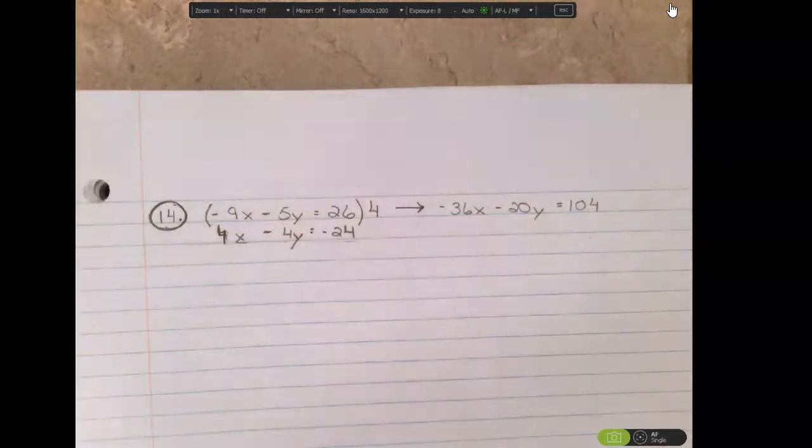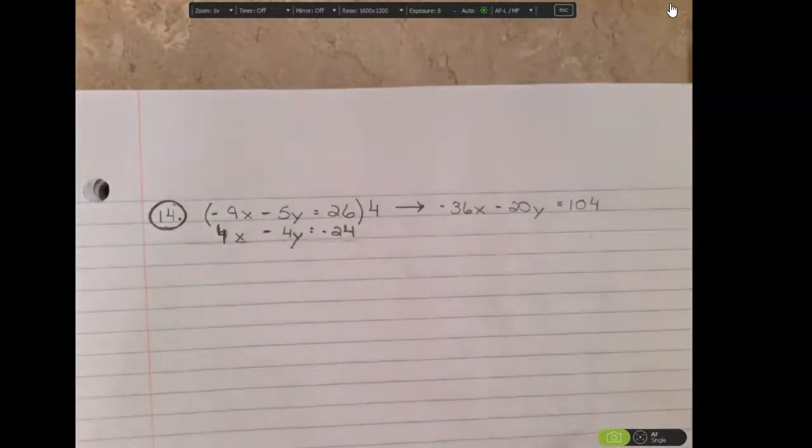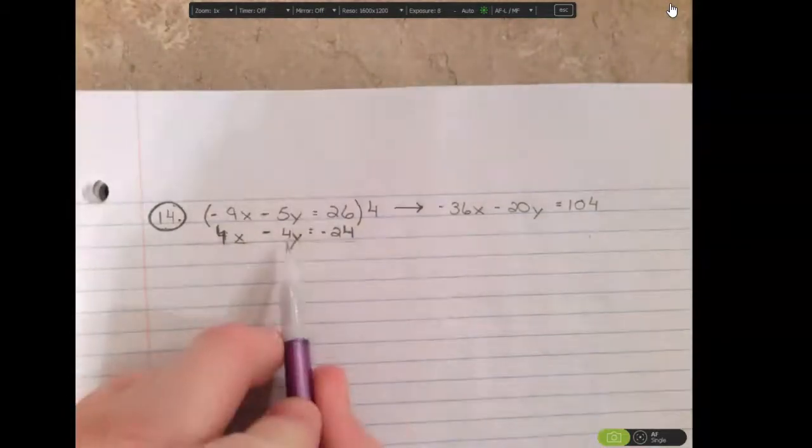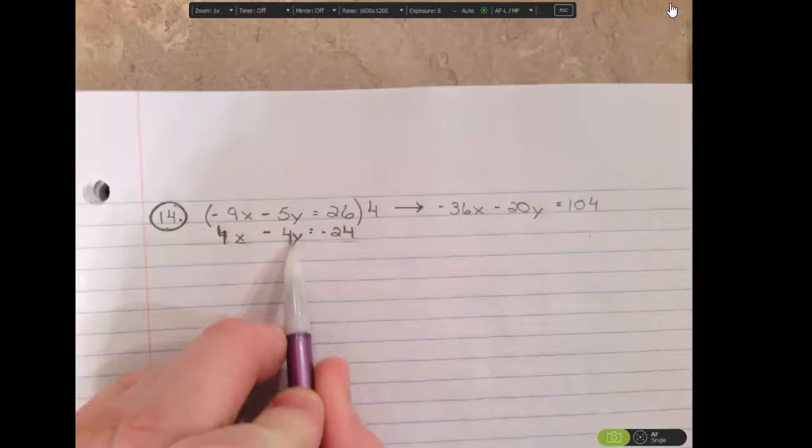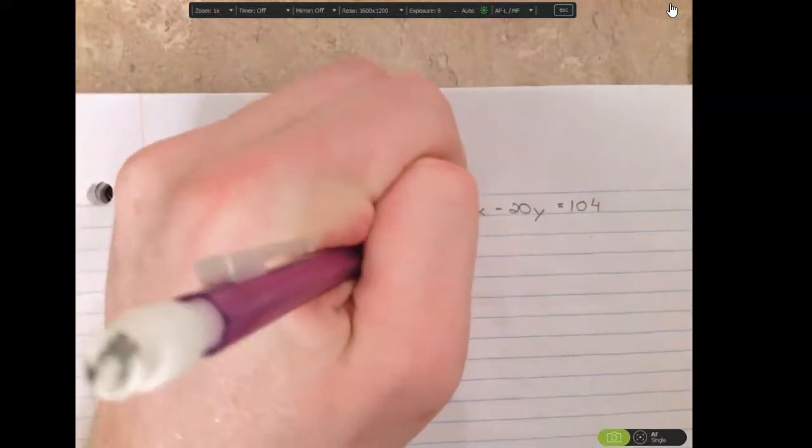All right, now let's look at my bottom equation, because again, I'm trying to get this 20 next to my y. What do I need to multiply 4 by to get to 20? I need to multiply by 5. So I'm going to multiply my second equation by 5.